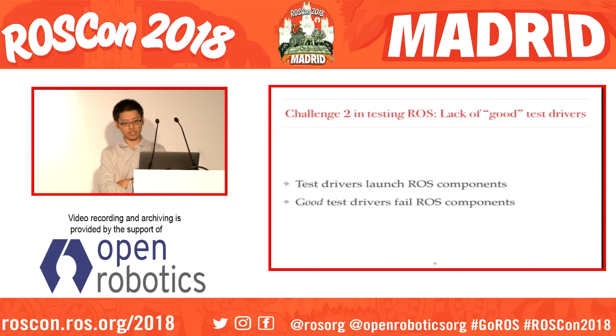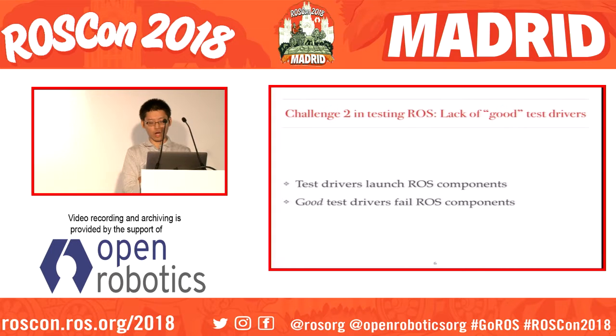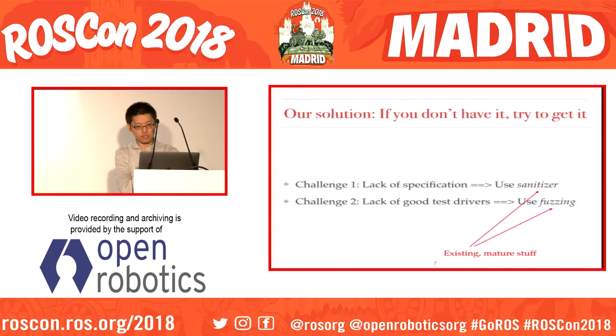The second thing we need is a good test driver. A test driver is something that launches ROS components, very simply. A good test driver is something that fails your ROS components. How can we automatically have these good test drivers? That's a big challenge. So our solution is to rely on existing techniques from academia.